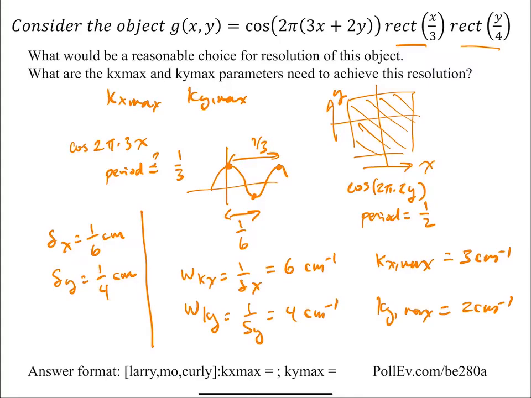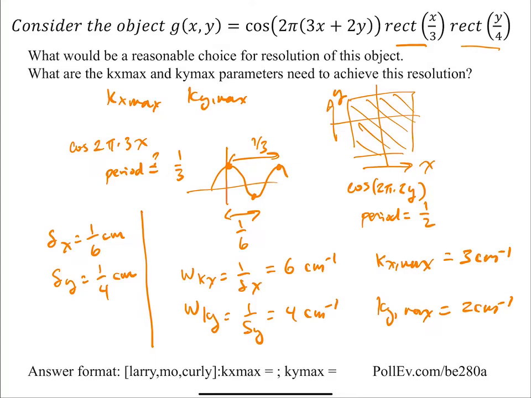Now I'm saying there are these cosine variations in my object, so based on what you want, you need to resolve it. For example, if you were imaging a biological object, you would have to know the smallest variation you would care about, and that would set your delta x, delta y. But in a problem like this, you're asked to figure it out based on the frequencies in the object. Any questions?